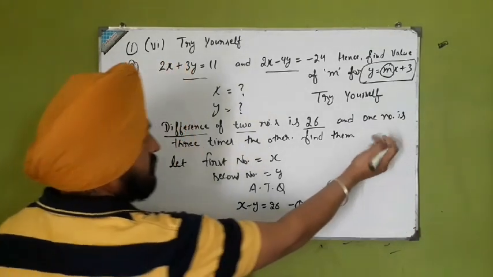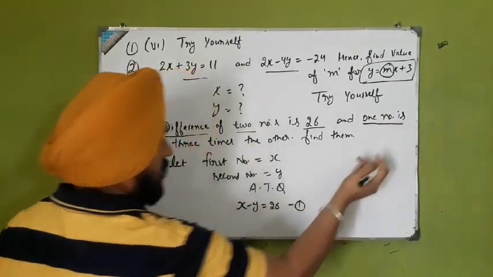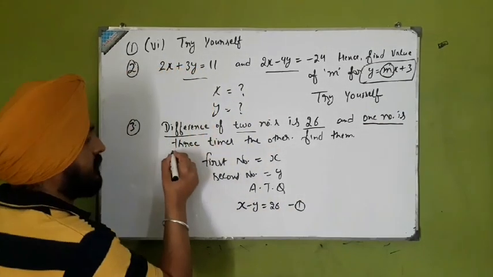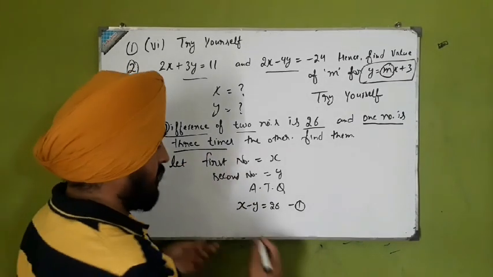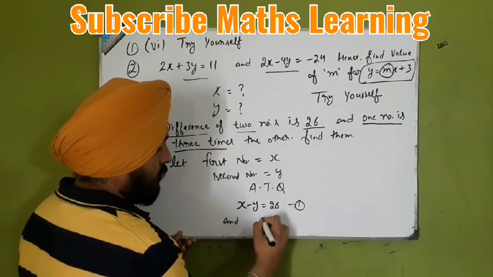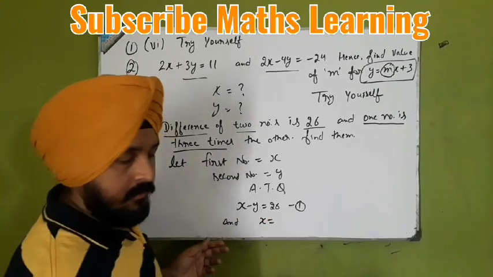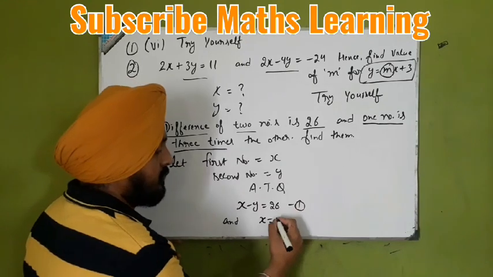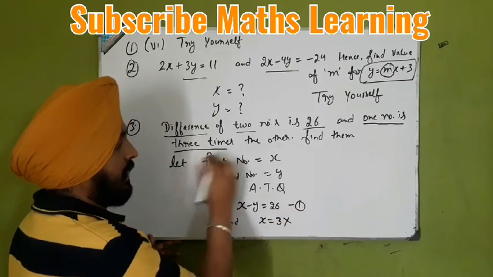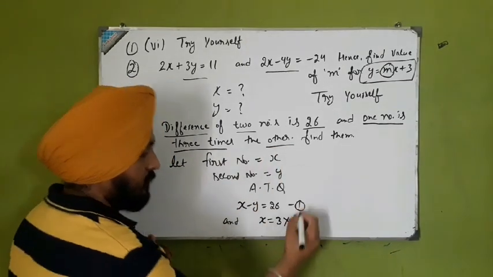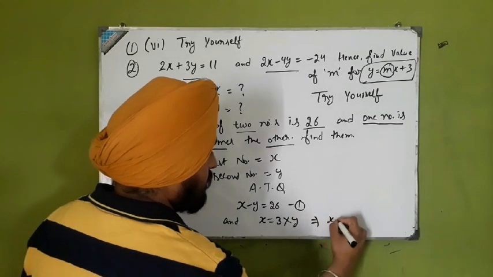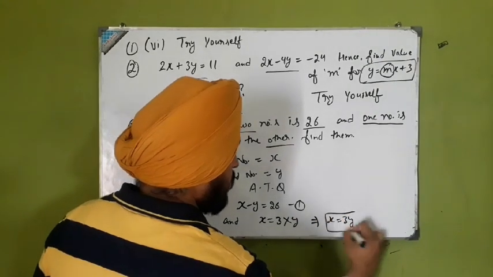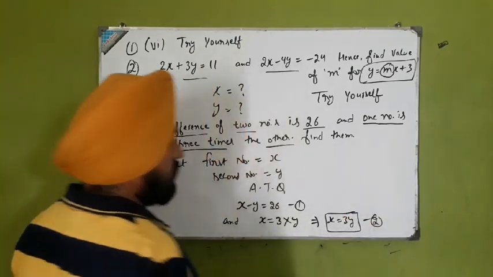And the second statement, one number, that means the first number, is 3 times, thrice, the other. Let the first number be x and the other number be y. So it implies x is equal to 3y, that is our second equation.